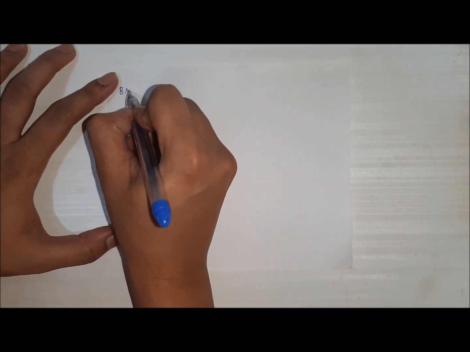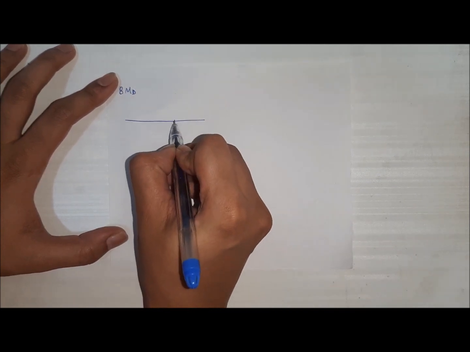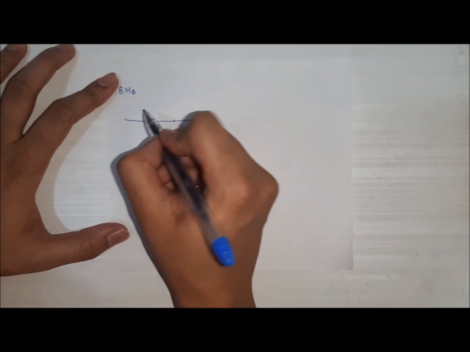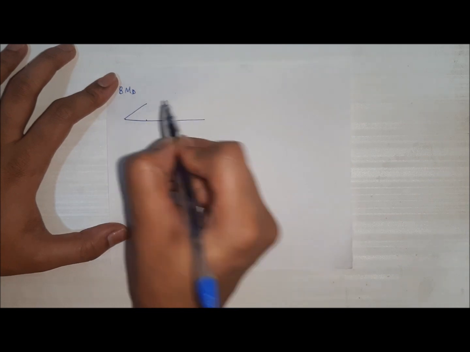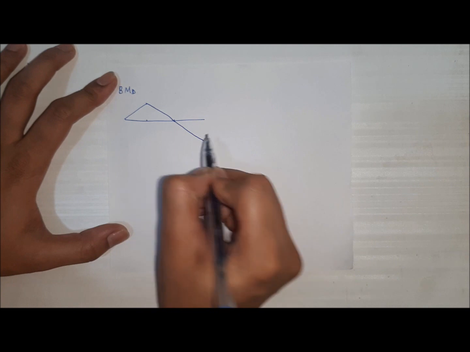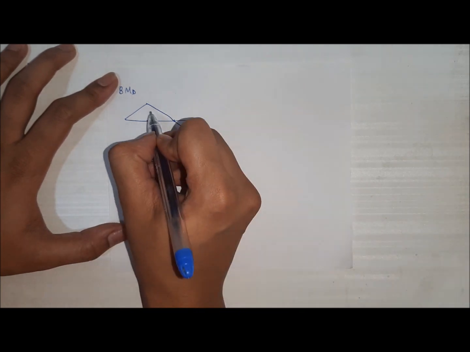Now we have to plot the ILD for bending moment at D. This is our beam, this is point B, A, and this is D. As we have drawn earlier, we will consider AB as a simply supported beam. This will be our bending moment diagram, and this will again go downwards till C, because again the BC portion is free.